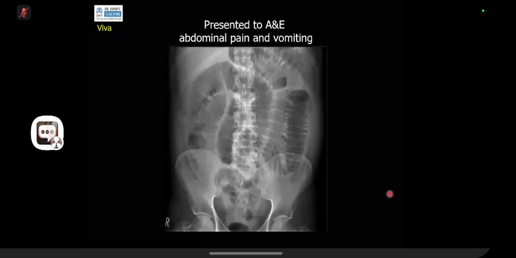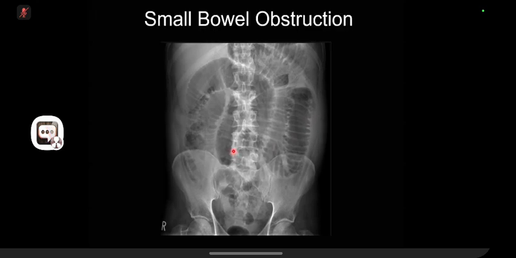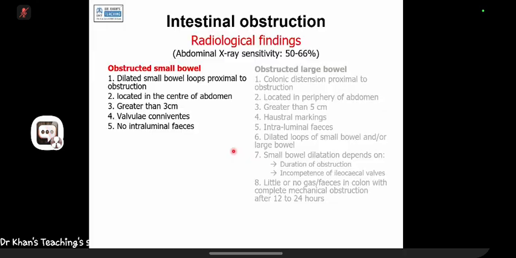Now, if you see here, these are bowel loops. So first of all, the exercise is which bowel loops, and you will agree that these are central, and they are going right and left, but many of them are central. You can see these valvulae conniventes. So what is this? Small bowel obstruction.